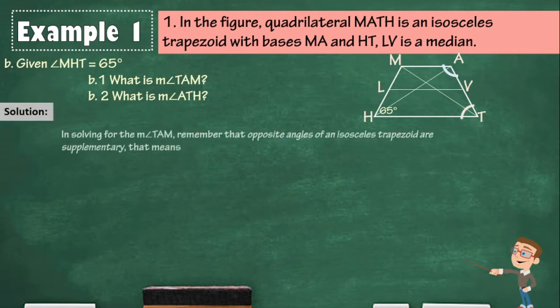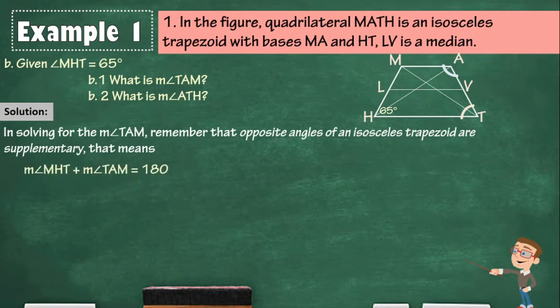Next, for our solution, we are going to apply the property opposite angles of an isosceles trapezoid are supplementary. So with that, the measure of angle MHT plus the measure of angle TAM is equal to 180. And substituting the values, 65 degrees plus the measure of angle TAM is equal to 180 degrees.